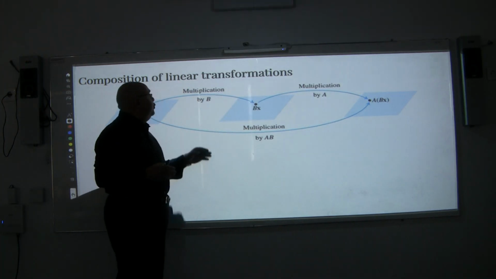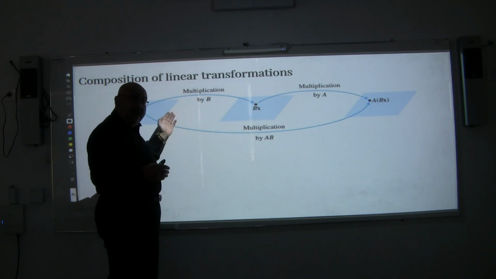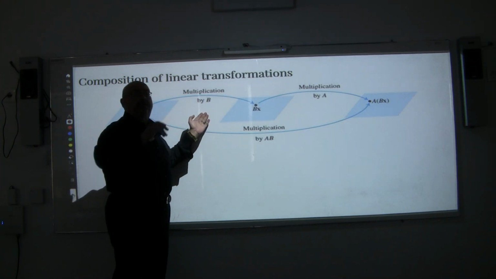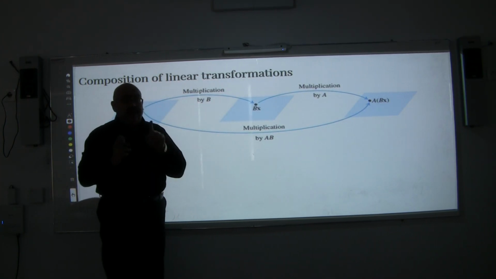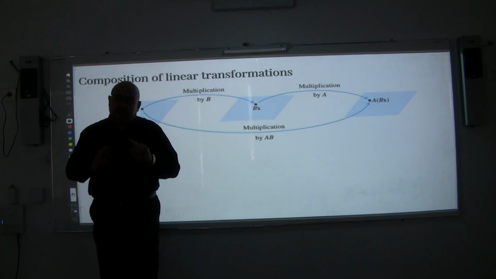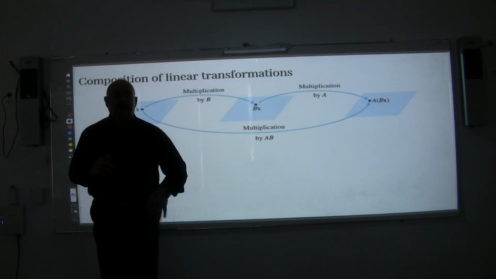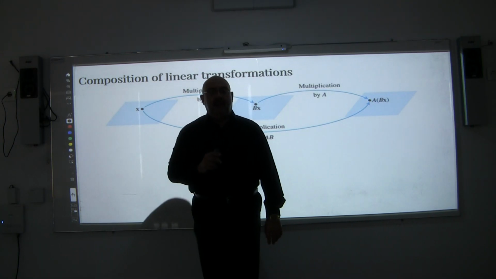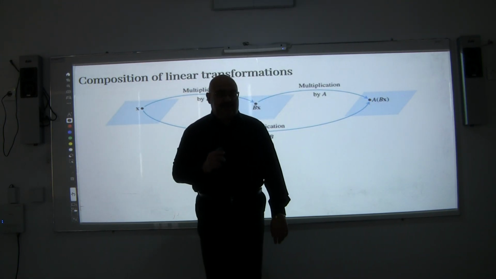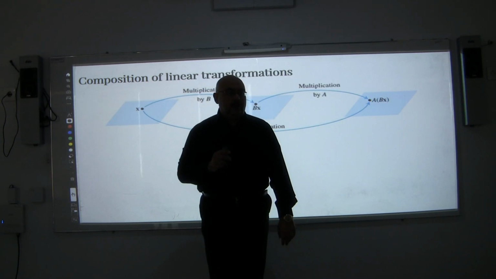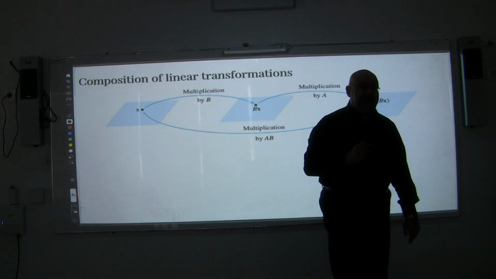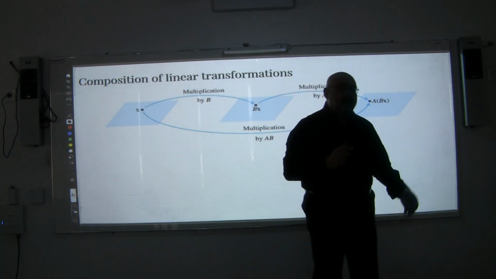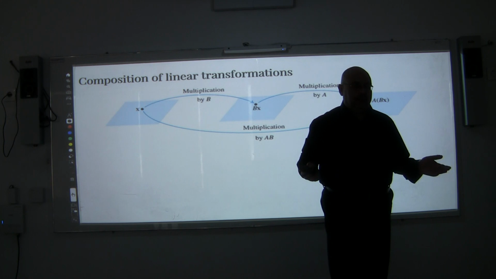This moves you from R2 into R3, or from R3 into R3. I can do double transformations. I can move from R2 into R3, then jump again from R3 into R2, or into another R3, or into R4. I can do whatever I want.